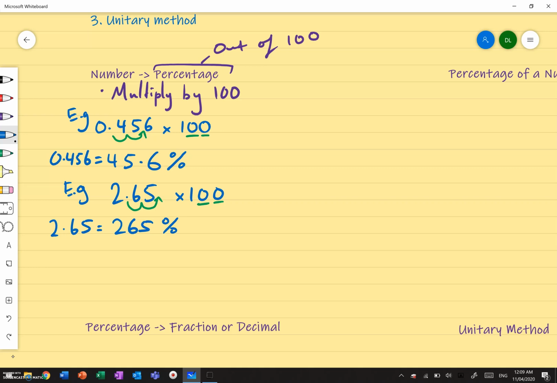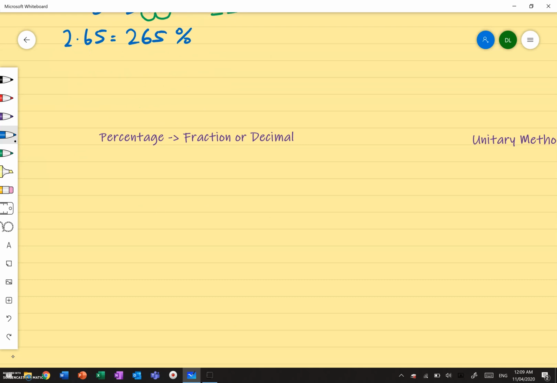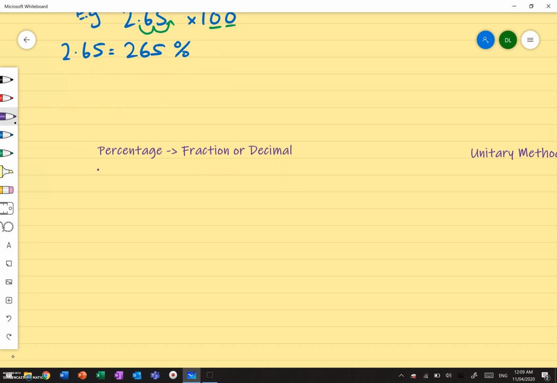Up next, going from percentage to fraction is the opposite. We actually divide by 100. Let's say I have 45%. If I'm trying to convert that into a fraction, I get rid of the percentage sign and I divide it by 100.